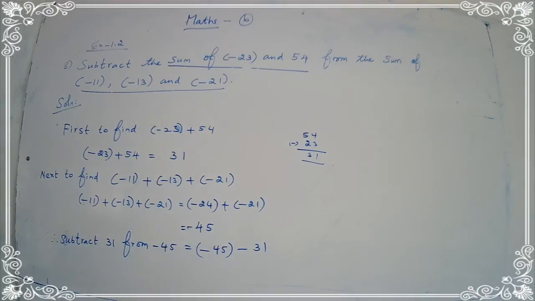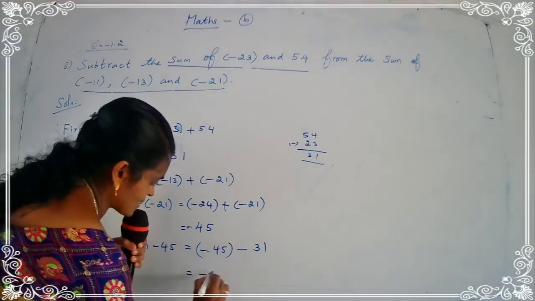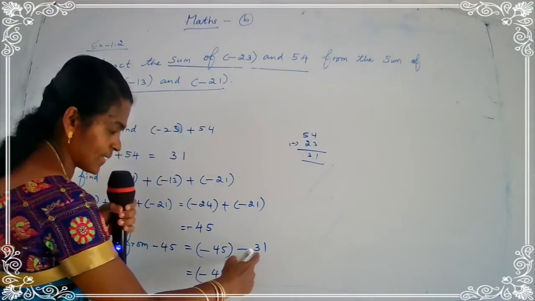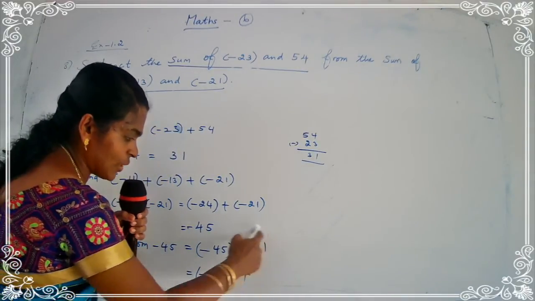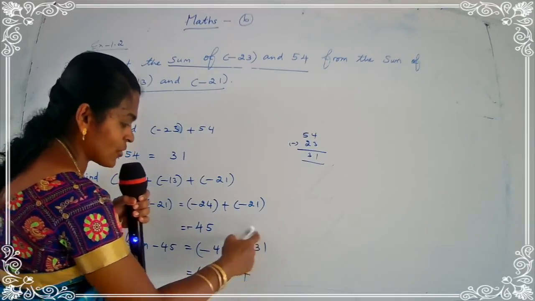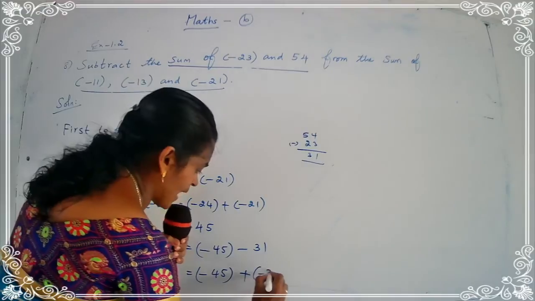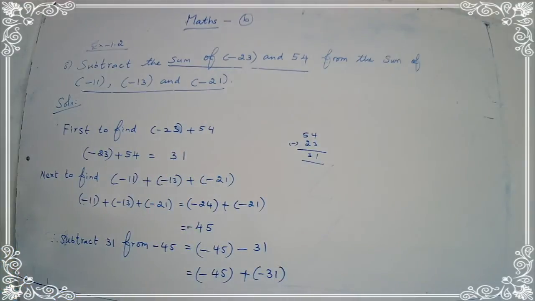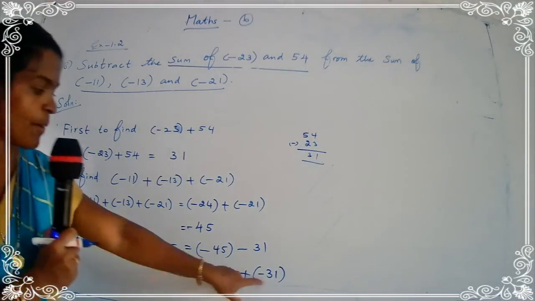Subtraction. Okay, so subtraction means you convert to addition. Yes or no? Yes. So minus 45, minus into plus. That time you put the additive inverse of 31. So what is the additive inverse of 31? Minus 31. Clear? Yes.